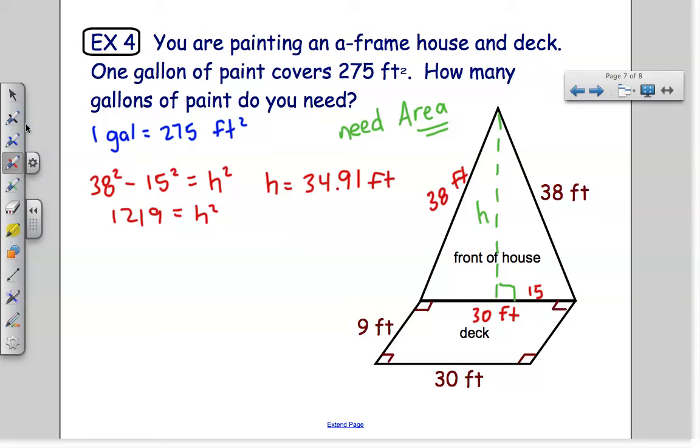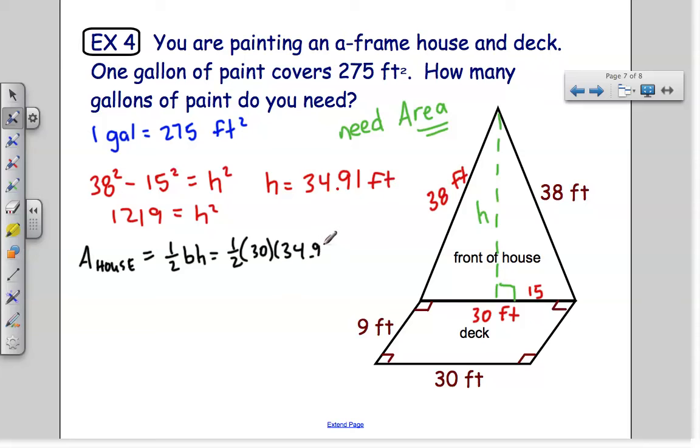Okay. Let's find the areas I need. Now the area of the house. Since it is a triangle, and we know the area of a triangle is 1/2 base times height, let's do that. The base of the triangle of the front of the house, the whole base was 30. Make sure you are taking the whole base, which is 30, times the height, which is the number I have sitting in my calculator.